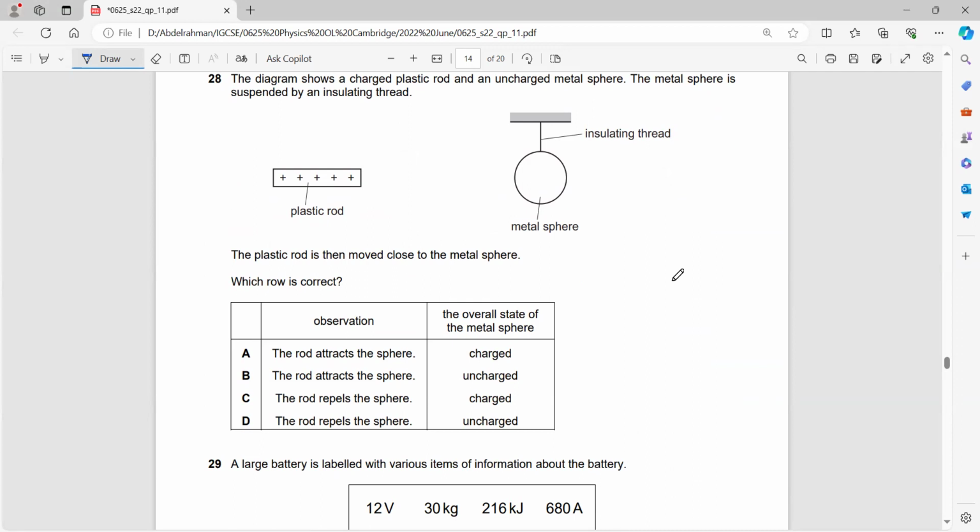B. The metal sphere will get attracted. Yes, they both attract. Will the state of the sphere change? Will it become positively charged or negatively charged? No. It will remain unchanged, or uncharged.